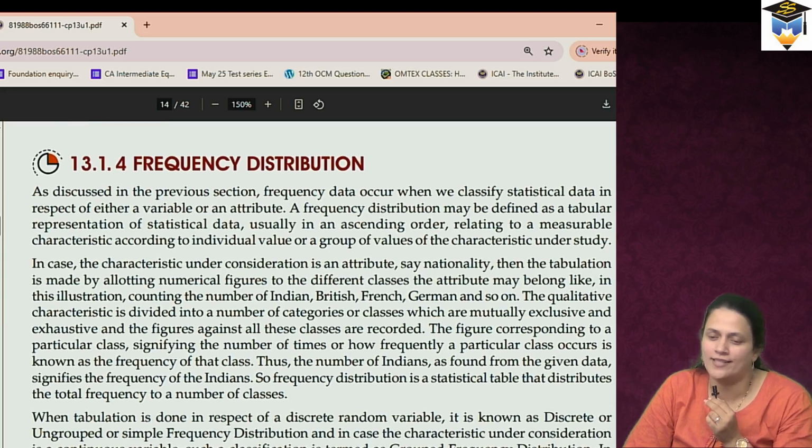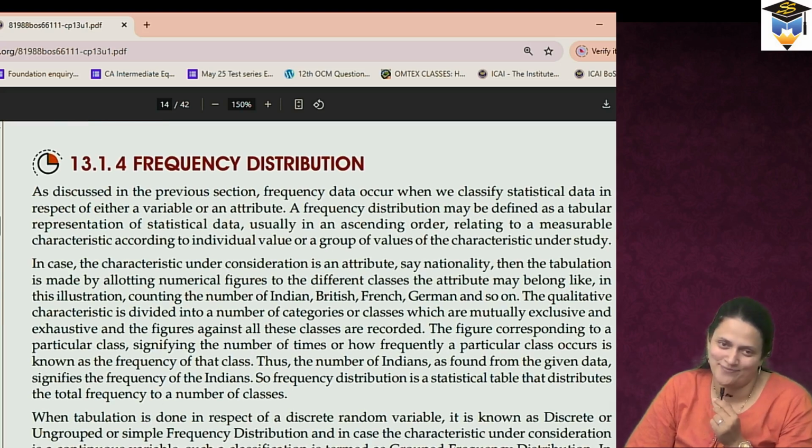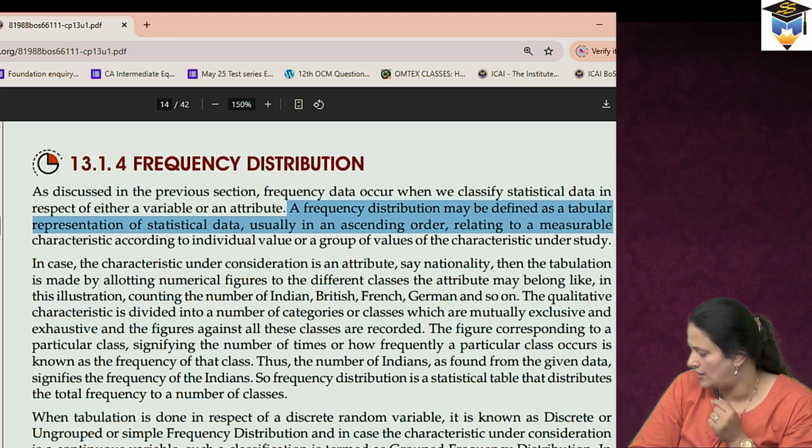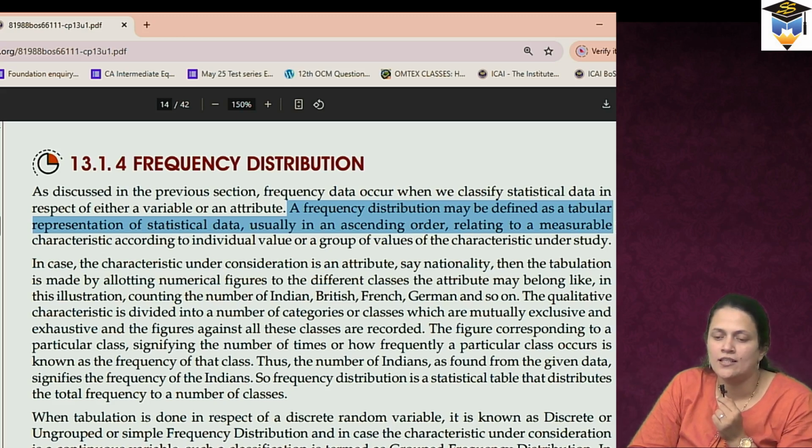Now frequency distribution. Now I want you to write, all of you, give the heading as frequency distribution. This is important. Write down, a frequency distribution is defined as a tabular representation of statistical data, usually in ascending order.